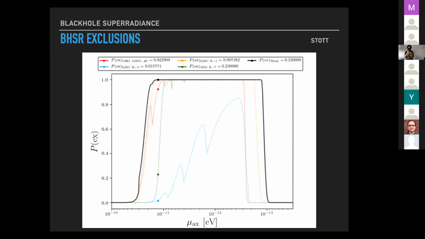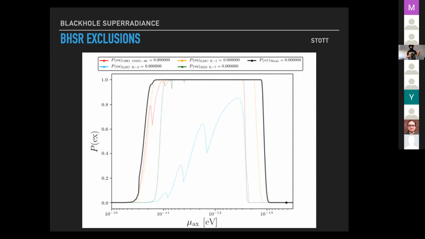So the data that we require from the black holes, the data that we actually measure in order to constrain our ALPs, is the mass or the size of the black hole and the spin. Using that data, we can actually derive a strict limit, i.e. the spin down exclusion of the black hole.